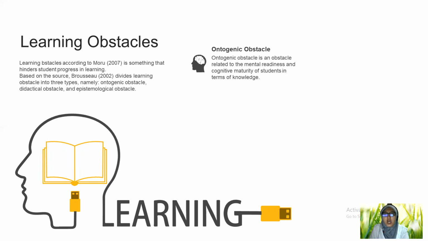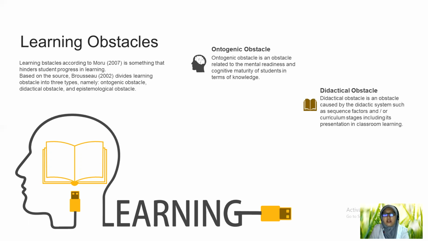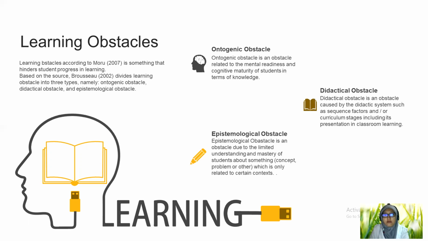First, ontogenic obstacle is an obstacle related to the mental readiness and cognitive maturity of students in terms of knowledge. And the second one, the didactical obstacle is an obstacle caused by the didactic system, such as sequence factor and curriculum stage, including its presentation in classroom learning.